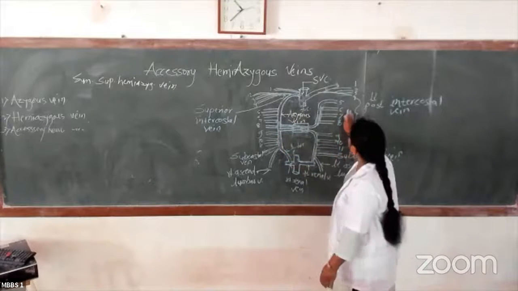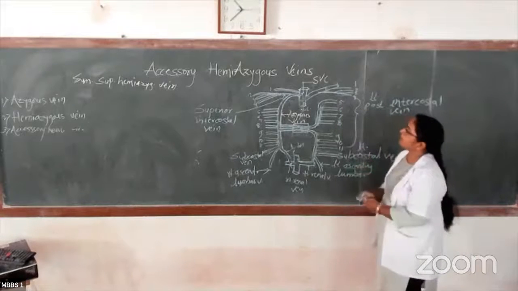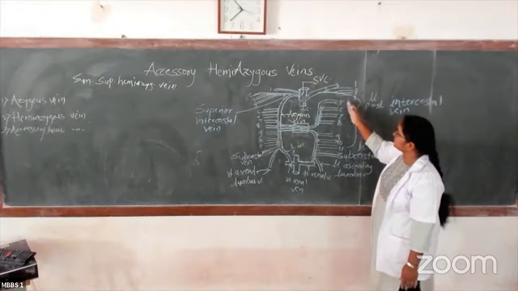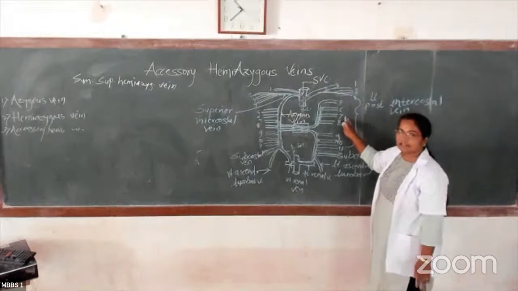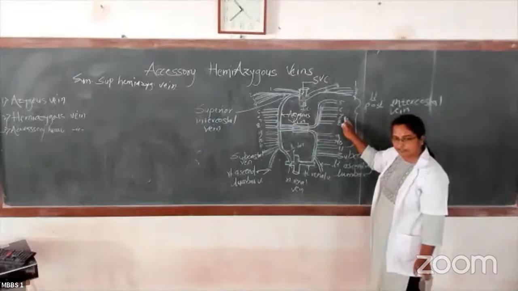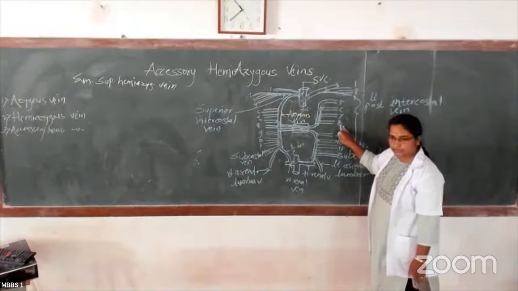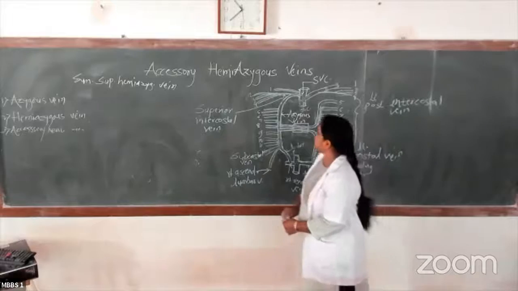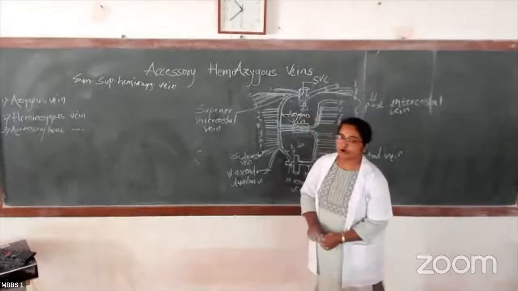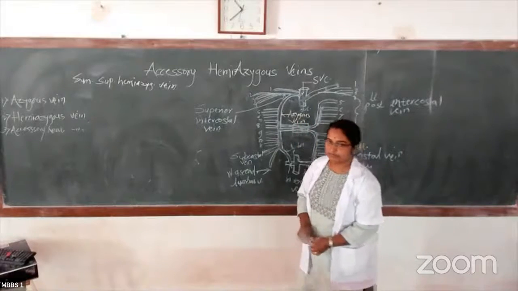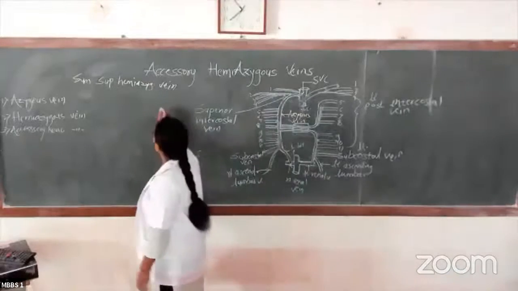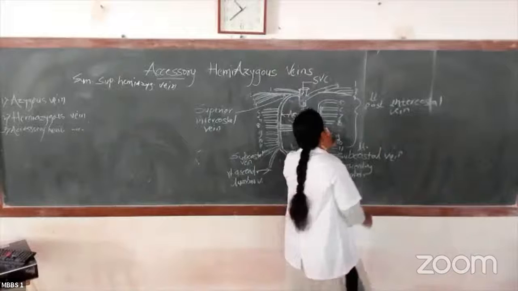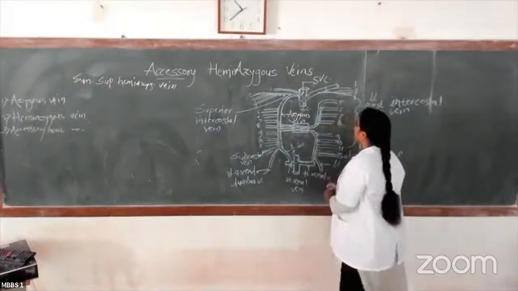So what are the tributaries of this accessory hemiazygous vein? These are the 5th, 6th, 7th left posterior intercostal veins, sometimes 8th also. Then some left-sided bronchial veins sometimes. So left bronchial veins are sometimes the tributaries of this accessory hemiazygous vein.